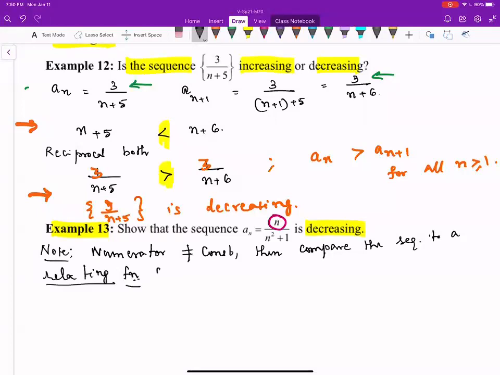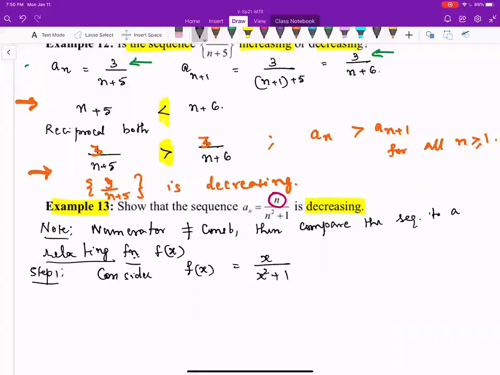Compare the sequence to a relating function, like one of the problems that we did earlier. So consider the function f of x, which is equal to x divided by x squared plus 1.